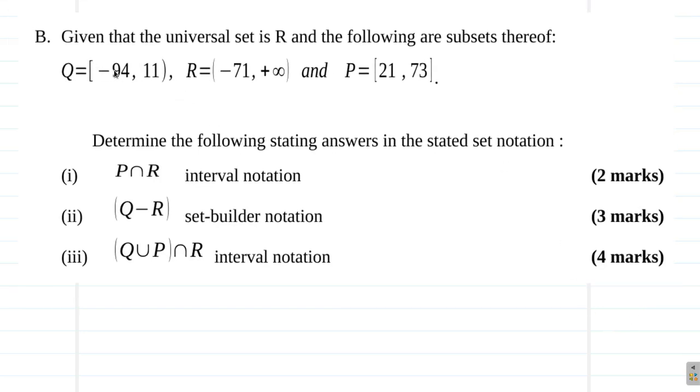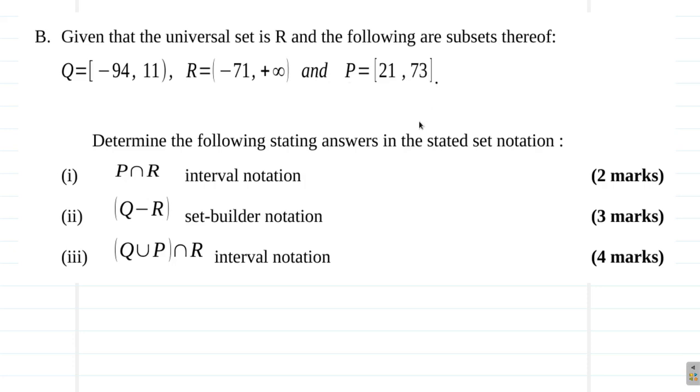Now, the -94 is included, as you have this square bracket here. The 11 is not included, as you see from the round bracket, right? R is (-71, positive infinity). P is [21, 73].